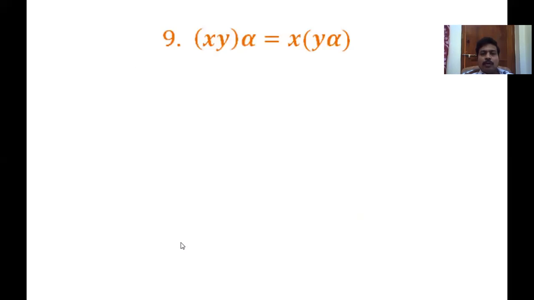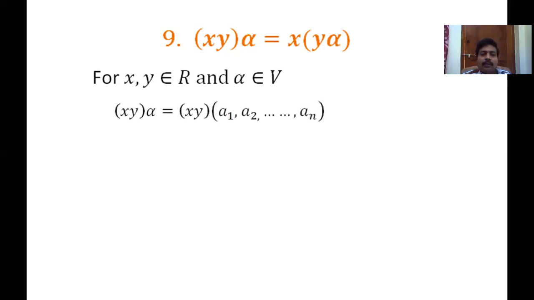Now let us move on to the ninth axiom. (xy) times alpha is equal to x times (y alpha), for x, y belonging to R and alpha belonging to V. Here both x and y are scalars and alpha is the vector. (xy) times alpha is equal to xy times (a1, a2, and so on, an). So after scalar multiplication, you will get xy a1, xy a2, and so on, xy an.